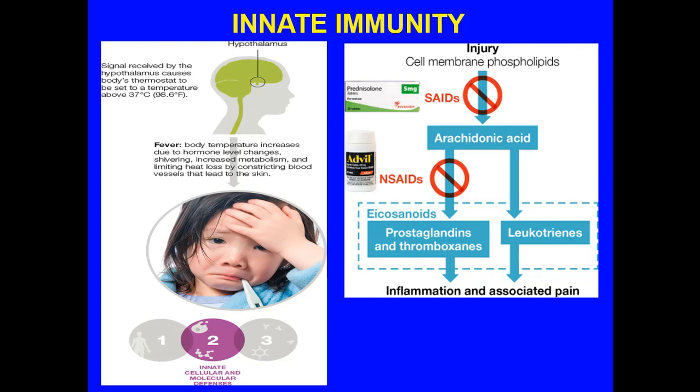And so what's going to happen is the cell membrane phospholipids basically are converted to arachidonic acid, which then will be sent over to eicosanoids, particularly prostaglandins and thromboxanes. And that is going to help shift the temperature. When those levels start falling off, that's when you're going to have the fever dropping. That's why we have an appreciation for things like ibuprofen, aspirin, and stuff like that.